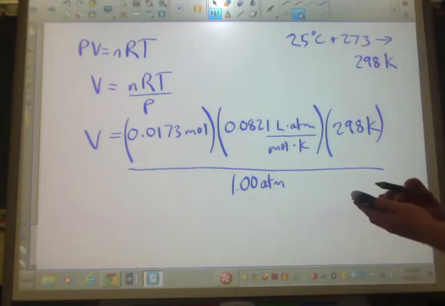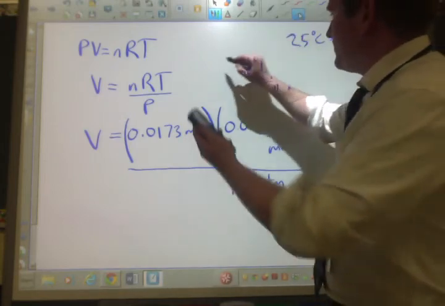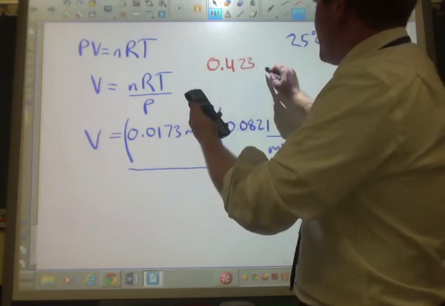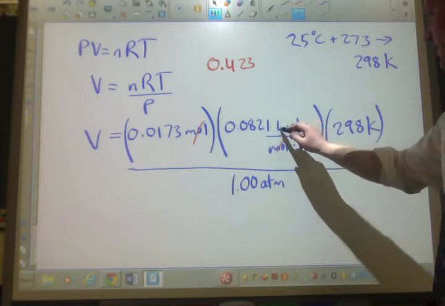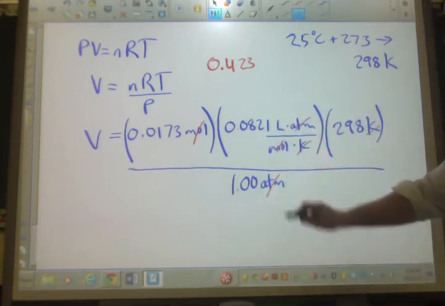0.0173 times 0.0821 times 298 divided by 1 gives us 0.423. Now let's check our unit here. Mole cancels mole. Liters stays by itself. ATM cancels ATM. Kelvin cancels Kelvin.